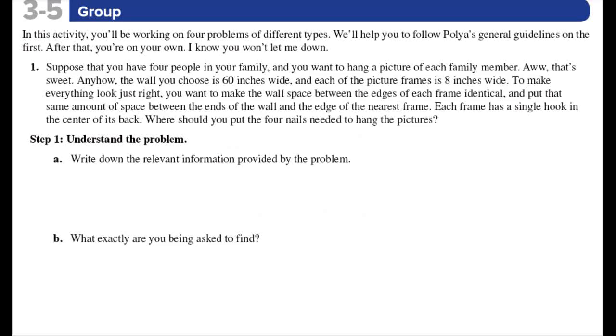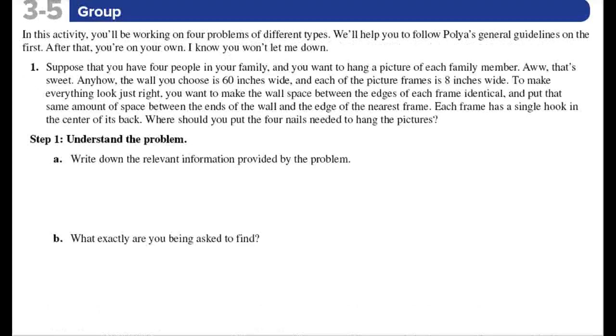Let's go on to our group work. So, group work, we've got a problem here. So go ahead and work through the problem solving steps. Go ahead and do all of question one. Question one has 4 different steps. So write down the key information.